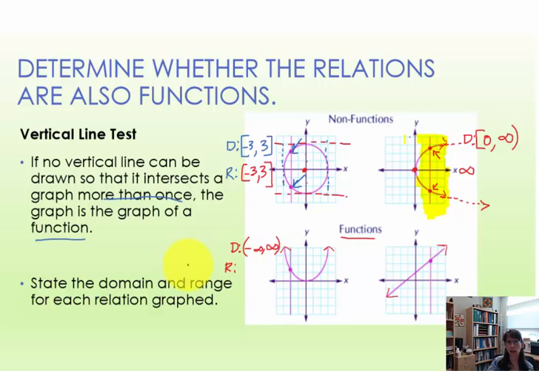For the range, we need to look at y values. Starting with the smallest values for y, that would be the negative values. Is our parabola anywhere in this yellow shaded region? No. So the smallest y value looks like it's sitting right here at the origin. That would be equal to 0, so we use a bracket.